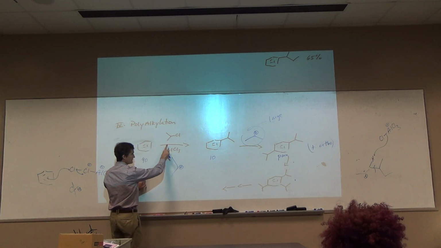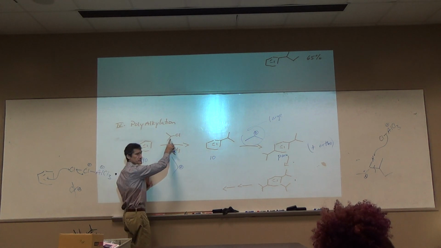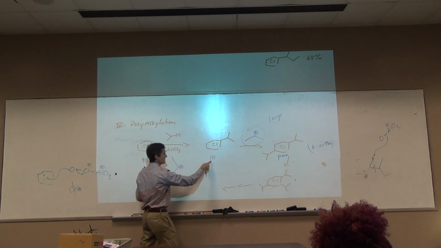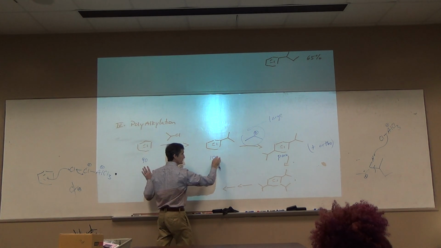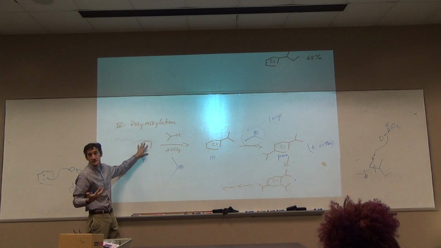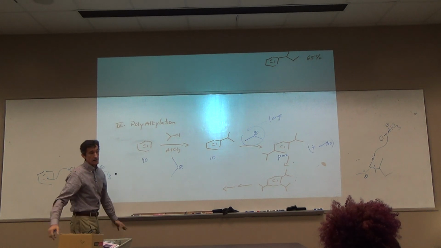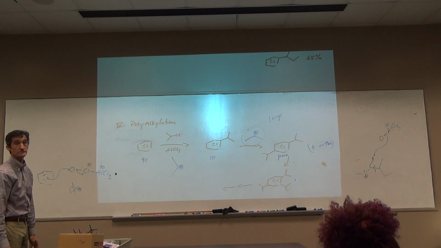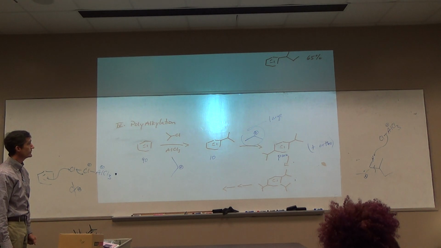Even if you just try to use one equivalent of stuff, again, 10% this, and this 10% just reacts again. If you only use one equivalent, you're going to be left with some of this that never had a chance to react. Okay? It becomes a mess. You just get polyalkylation. It's very difficult.